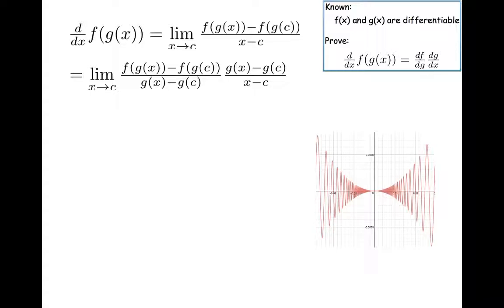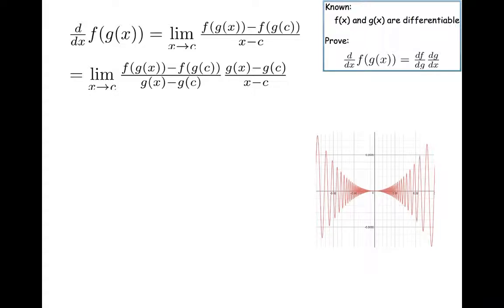Now this poses a problem, because what happens if we have g of x equaling g of c in some situation other than at the point that we're trying to find the limit? And that's what we get when we have infinitely many oscillations.